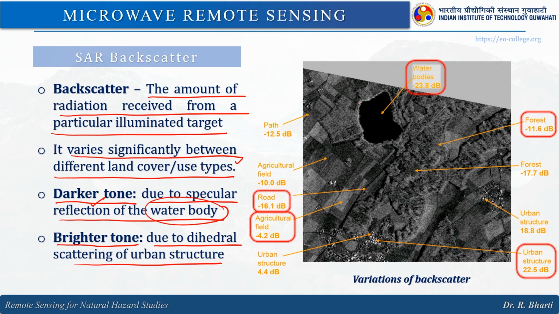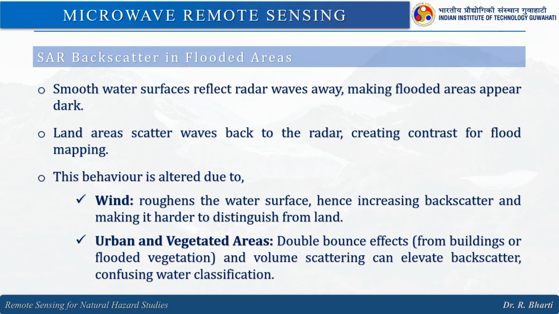Now, here you can see all these are water bodies, right. So, here the value you can see will be low, right. So, when we talk about the flooded area, smooth water surface reflects radar waves away, making flooded areas appear dark, that we have learned in the previous slides also.